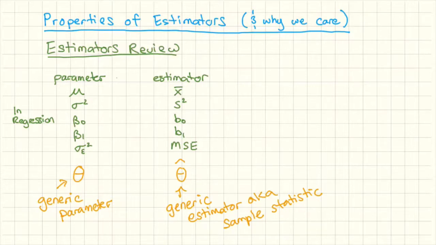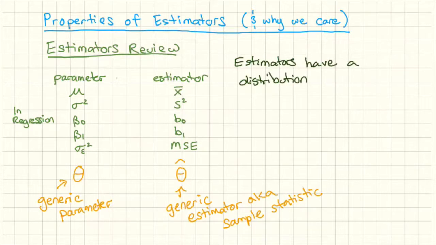Estimators are also sometimes called sample statistics, right? So I should put that. Estimators have a distribution, right? If we take multiple samples and we create multiple different statistics, for every time I take a sample, I'm probably going to get different values, which is going to give me a different value of my estimator.